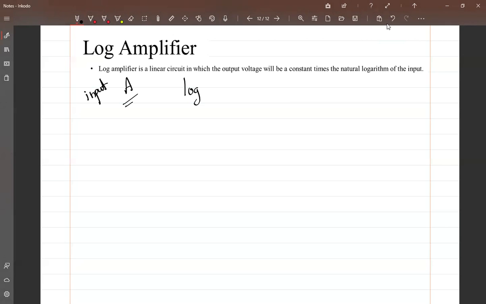The logarithmic value can be represented as, for example, the input signal A power B. The logarithmic value of A power B will be B into log A.